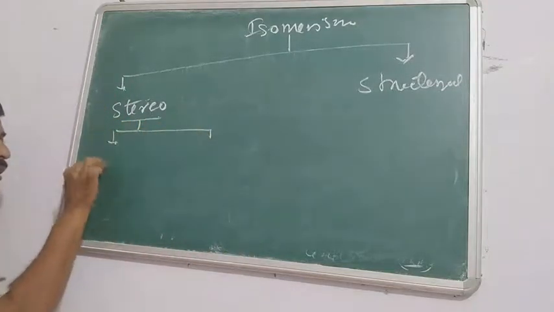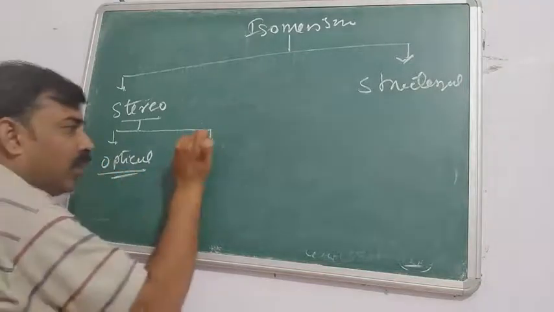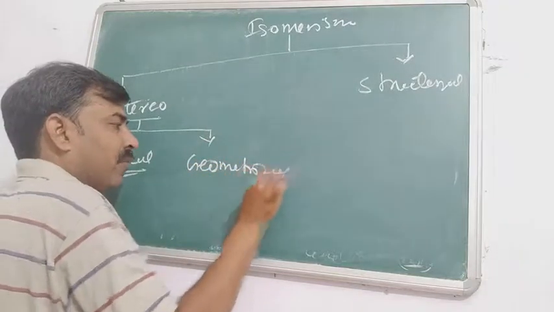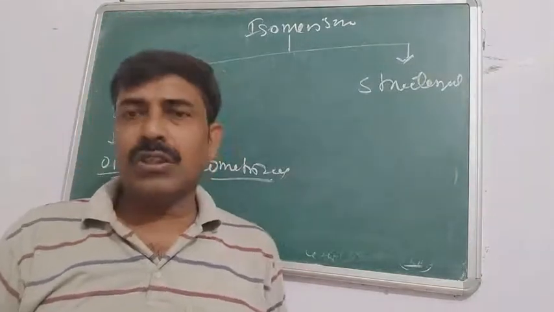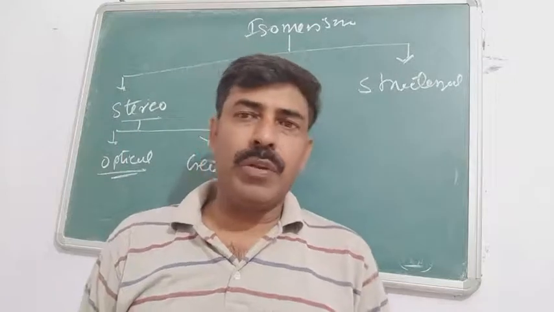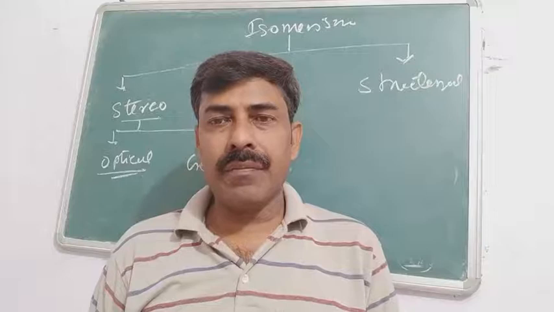The first one is called the optical isomerism and the second one is called the geometrical isomerism. As we have already studied about the optical isomerism, there is no physical difference between these compounds. The only difference between these two is the rotation of the light.